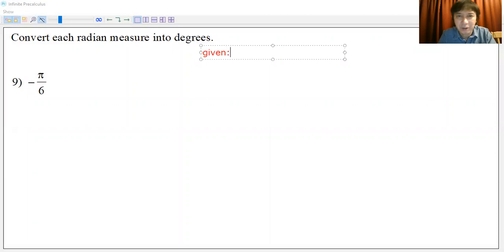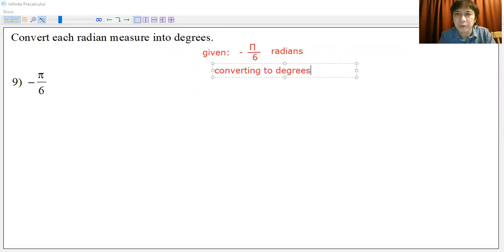We have here the given, this is negative pi over 6, and the unit of this is radians. How about the solution? This is converting to degrees.